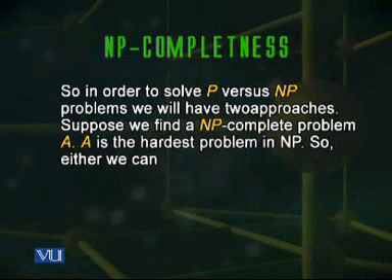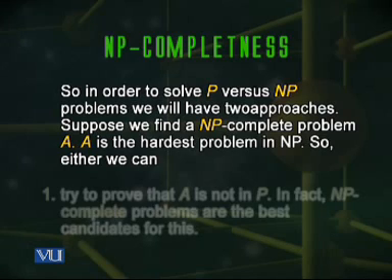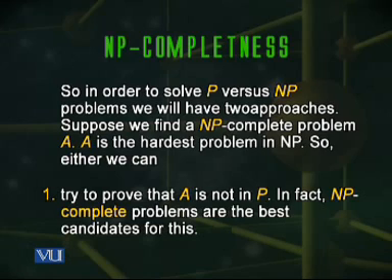So in order to solve the P versus NP question, we will have two approaches. Suppose we find an NP complete problem A, and since A is the hardest problem in NP, either we can try to prove that A is not in P. In fact, NP complete problems are the best candidates for that.